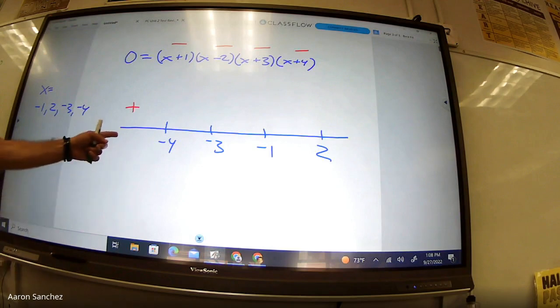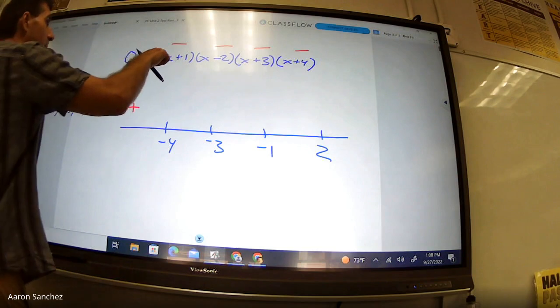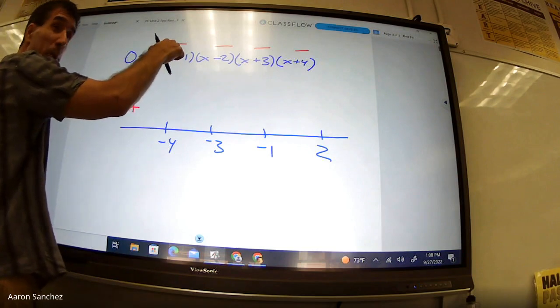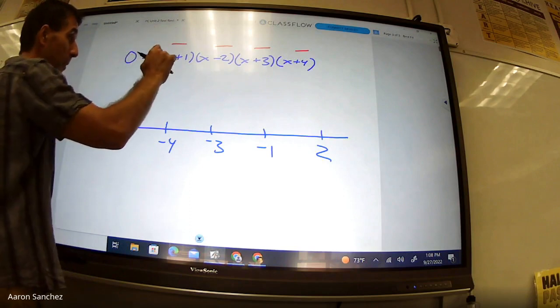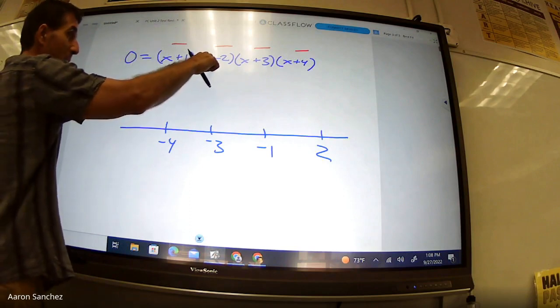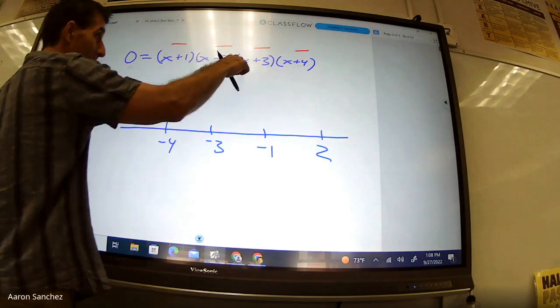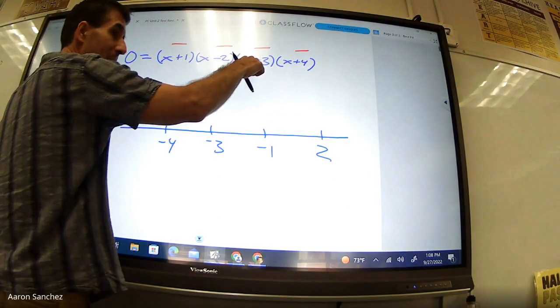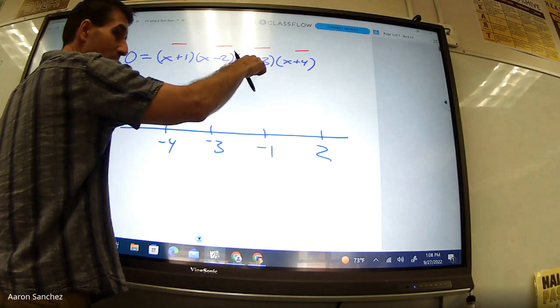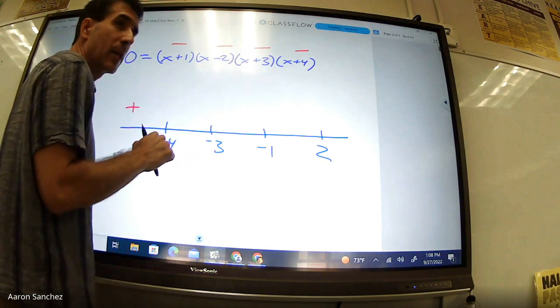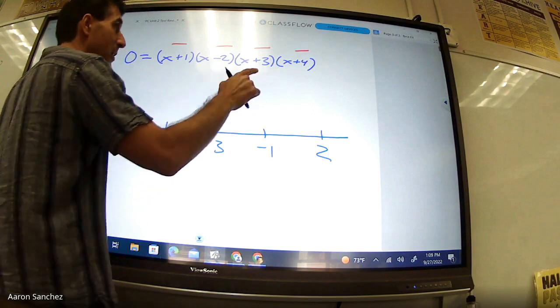So, I plug in -5. -5 plus 1 is -4. Ultimately, it's negative. -5 minus 2 is -7. Ultimately, -7 is negative. -5 plus 3 is -2. -2 is negative. -5 plus 4 is -1. -1 is negative.